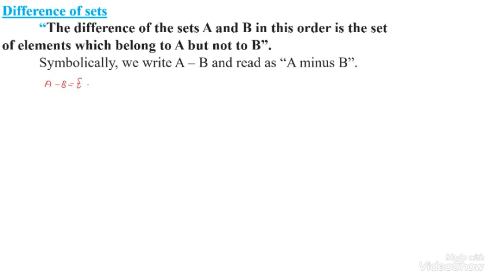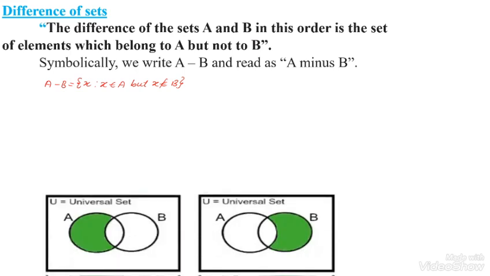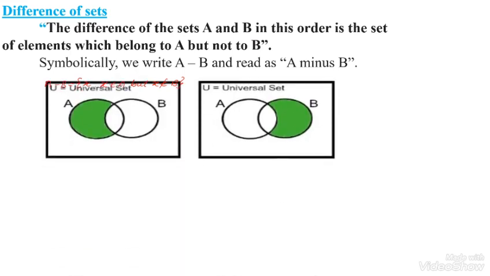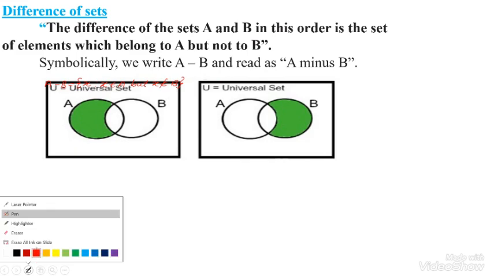It means an element x which is present in A but x does not belong to B. That is called A minus B, the elements which are present in A but not in B. This is the representation of the difference of sets.